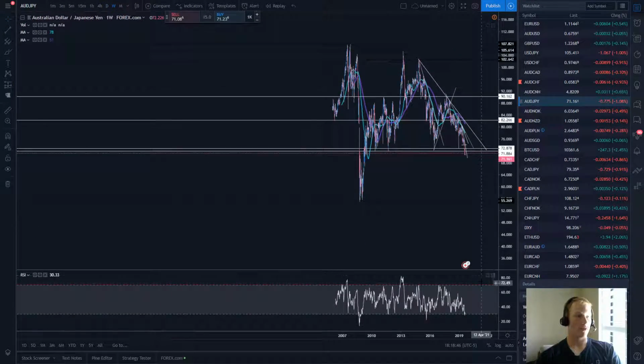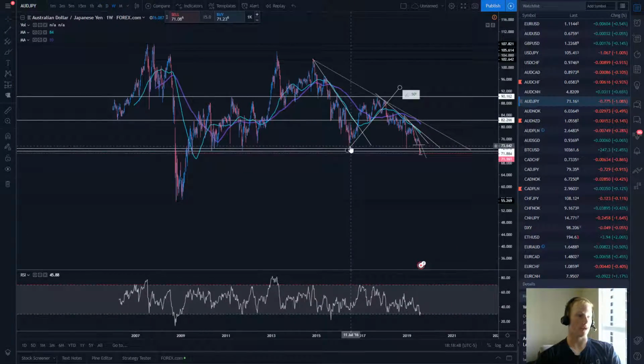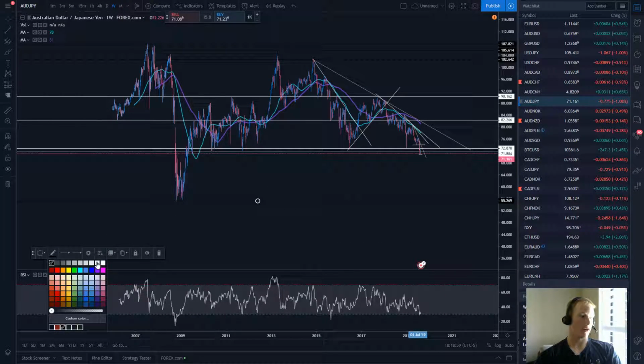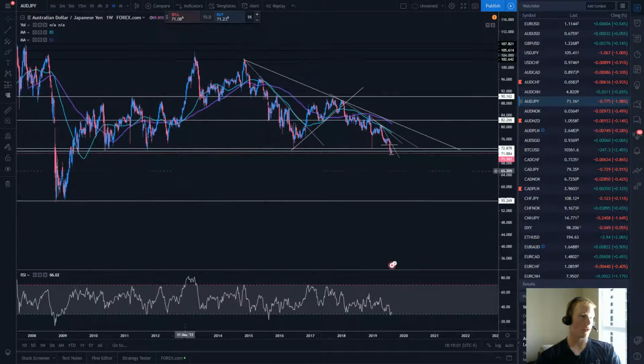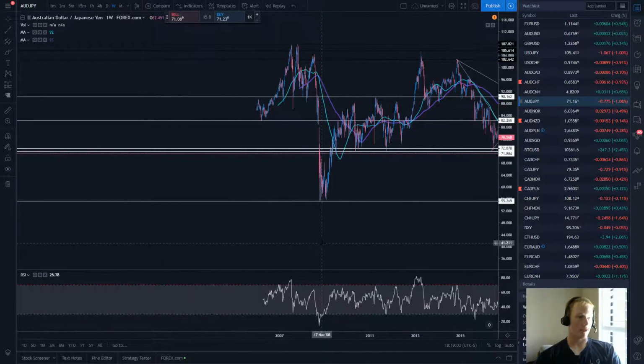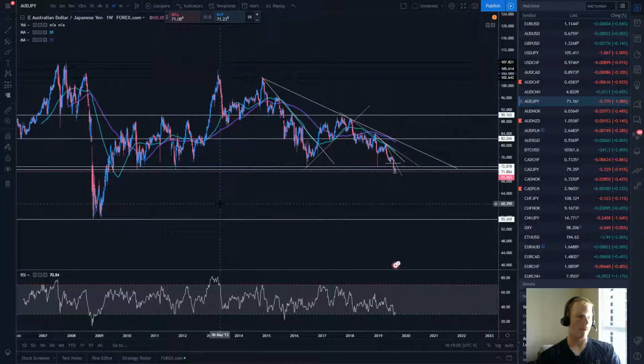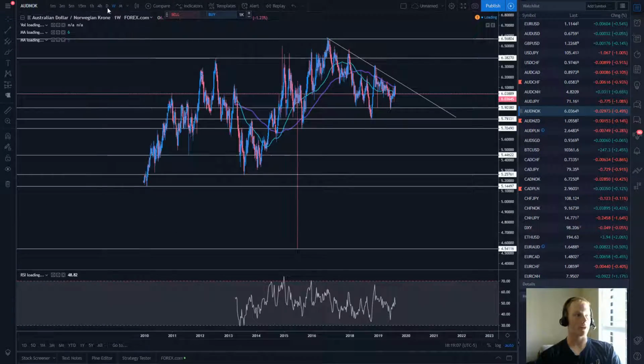The last time price was this low was, what, 2016, and before that 2011, 2010, and then it hit a low of 55 after '08. Wow. So that's what I look for.